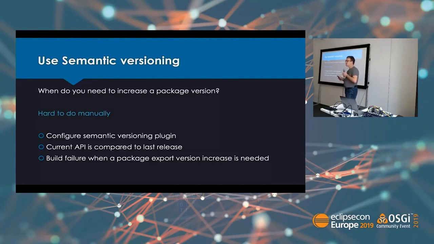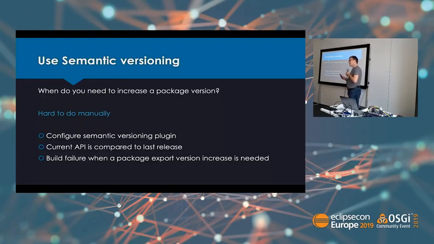You can switch it off sometimes if you know what you do, or you can say compare to a specific version. But by default, you just let it do its work, and it will compare your newest code with the released code and tell you for each package if you need to change it and even what new version you need. So you just let your build run.